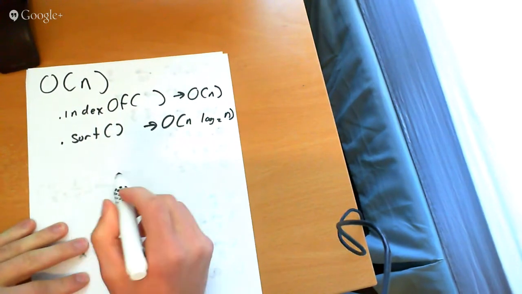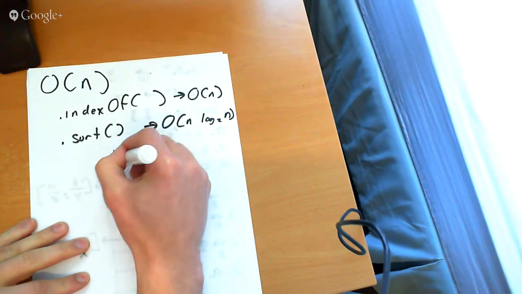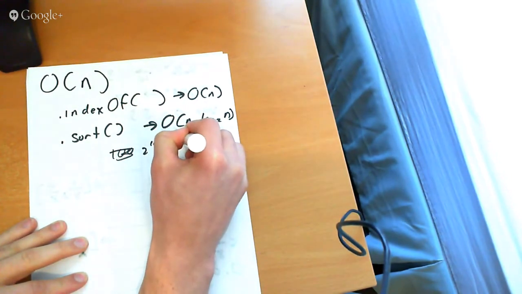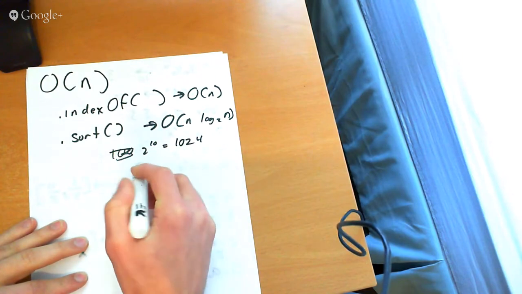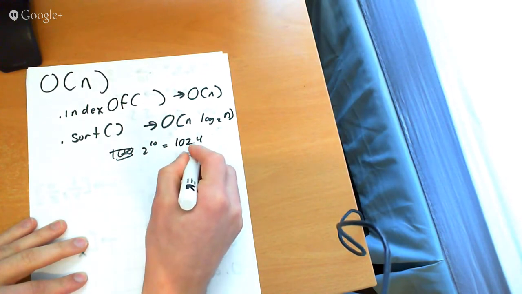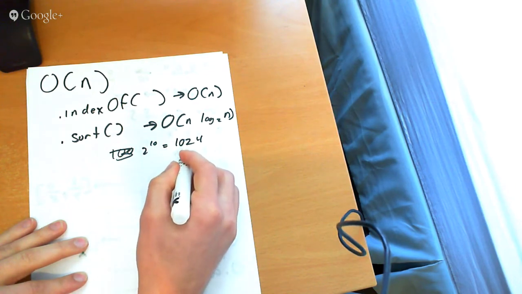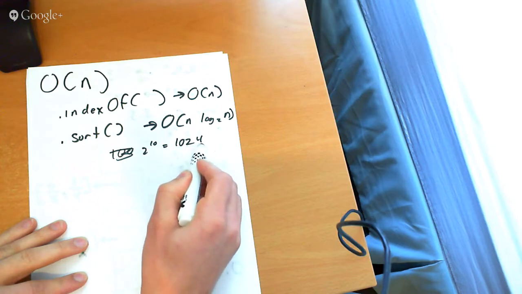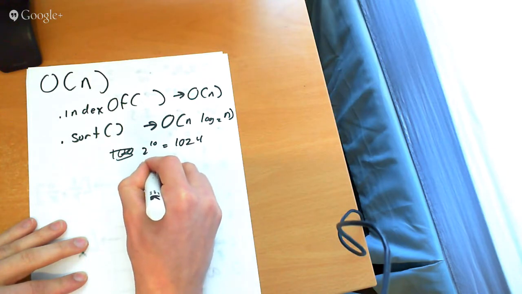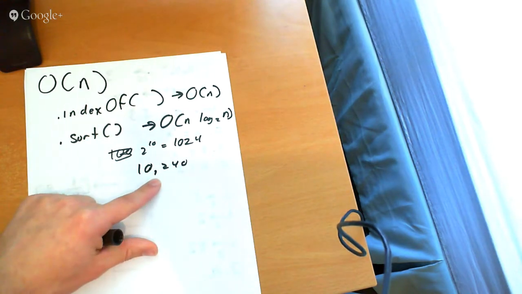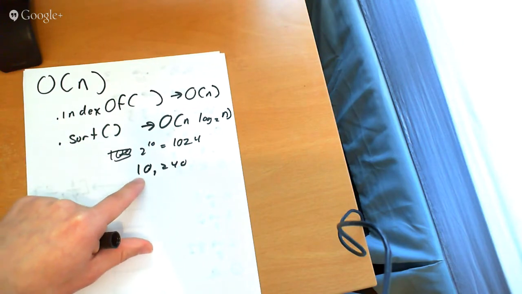If I had 1024 items, 2 to the 10 is 1024, so log 2 of 1024 is 10. So sorting an array of 1,024 items will take 10,240 steps to complete, because sorting takes n log n.